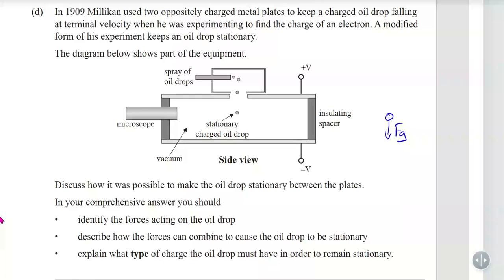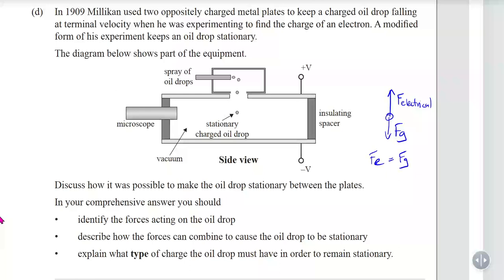It's going to be attracted up here, and it's going to experience a force due to the electricity pushing it up. And if it's levitating here, it's stationary, it's experiencing a net force of 0, so the F electrical equals Fg. Right, that's what we want to think about.